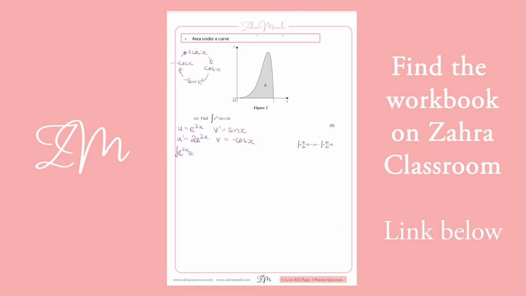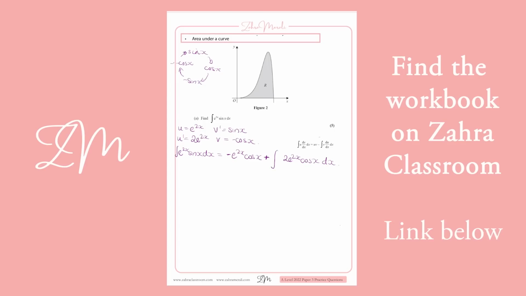We've got the integral of e to the 2x sine x dx equals uv, so minus e to the 2x cos x, minus the integral of v du dx. So that's going to give you minus 2e to the 2x cos x dx. Now we've got a minus and a minus, so we're going to change that to a plus and delete that minus.